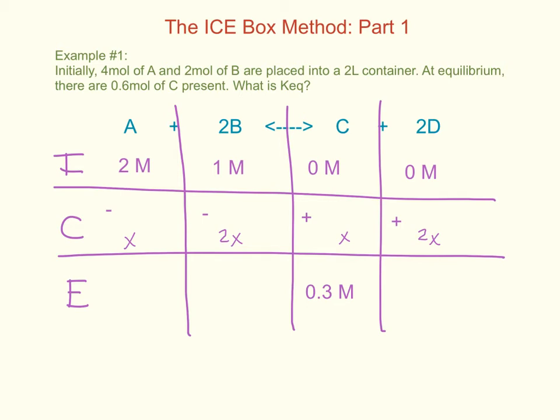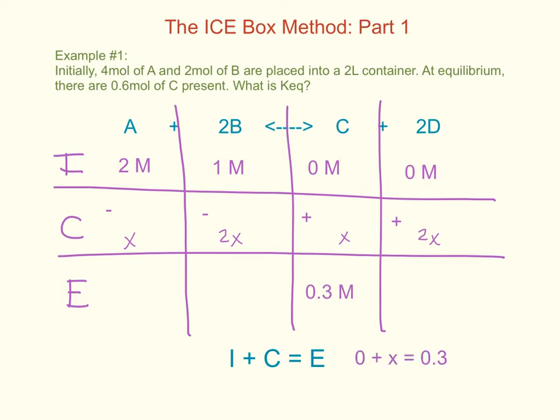So now we want to try to solve for X by using our equation I plus C equals E, and that's going to help us fill in our equilibrium concentrations. Well, as we can see in my C column, I have a full algebra equation.